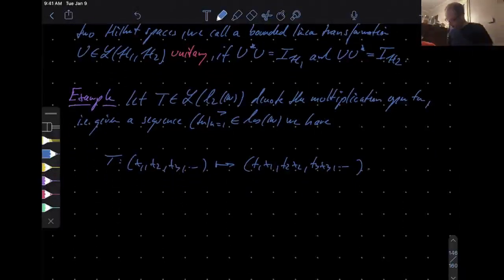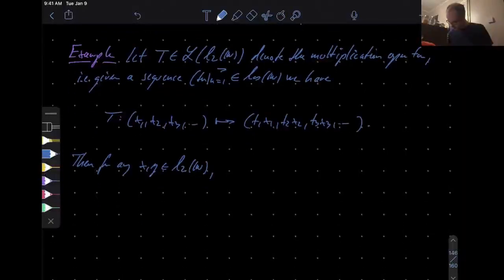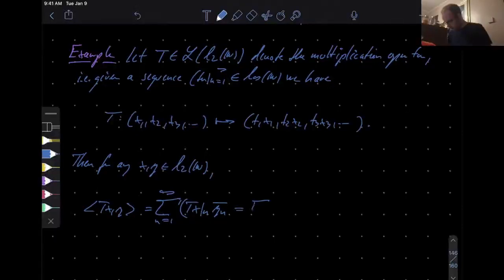All right. So now then let's compute the adjoint, and then let's see if we are playing around with a normal, self-adjoint or maybe a unitary operator. So, well, maybe the result is not so surprising because it will depend on the properties of the numbers that you multiply with, right? So let's write this out. So it is <Tx, y>, because that's the inner product on l2 after all, as we had in the last example.